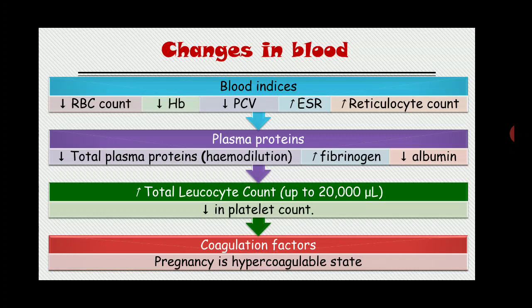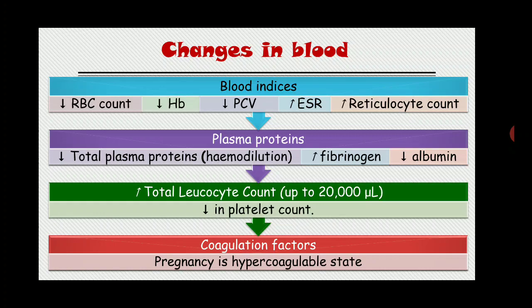So there are chances that the examiner might ask that pregnancy is a hypercoagulable state. You need to write it down like this: during pregnancy there is an increased amount of fibrinogen, factor 7, factor 8, 9 and 10.